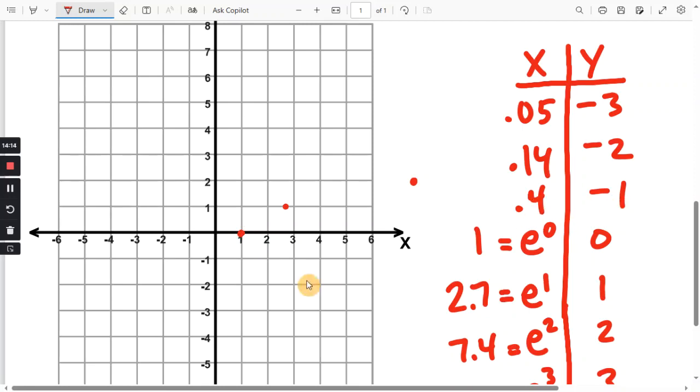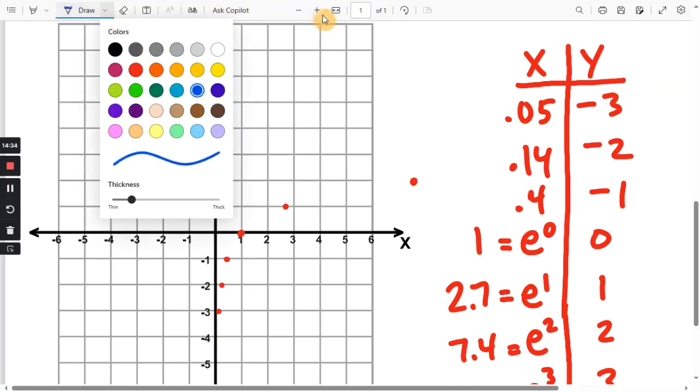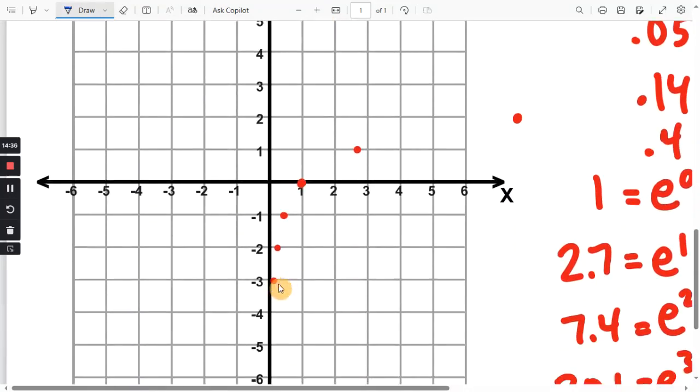Y is negative 1, that's 0.4 on the x. It's about there. Y is negative 2, it's 0.14. So it's just getting closer and closer to the y-axis. Y equals negative 3, it's almost there at 0. So that is basically it right there.